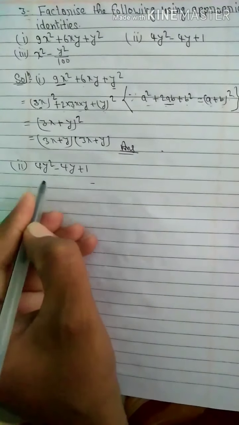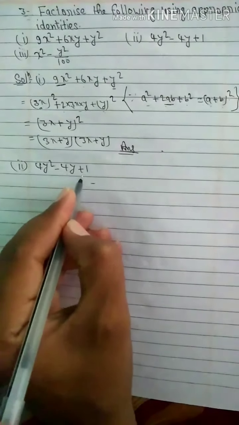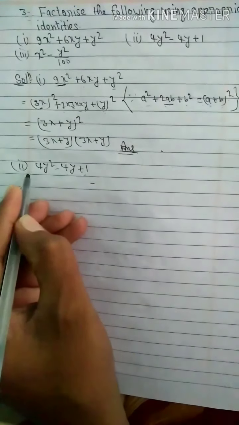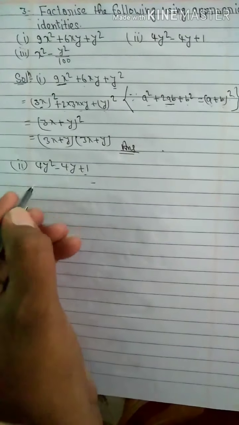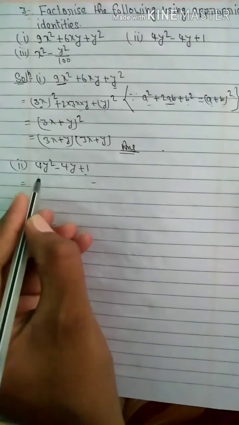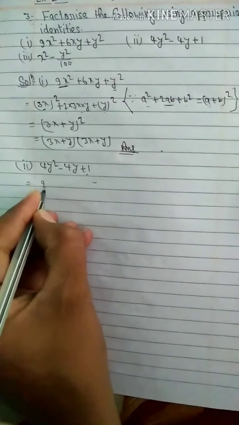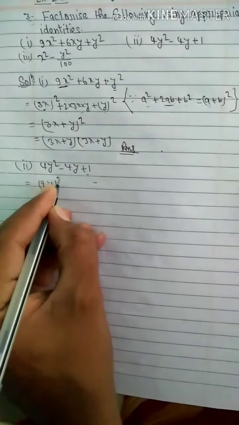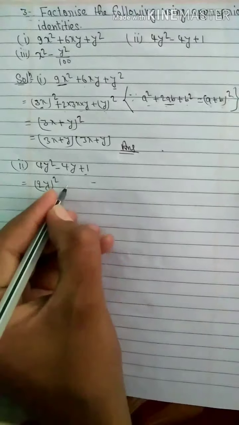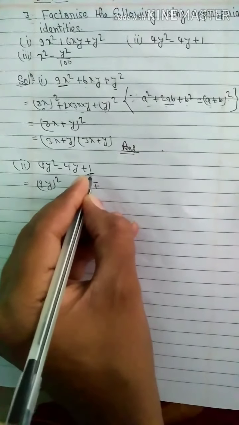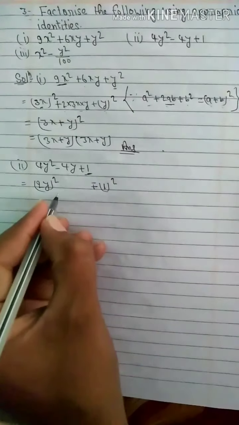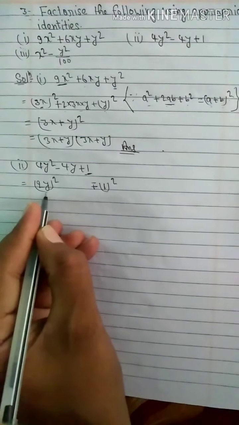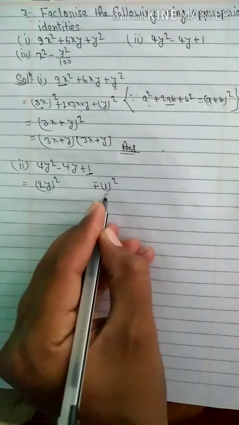See the second part, 4y square minus 4y plus 1, and now we have to factorize it. Similarly, in the same way we can write 4y square as 2y whole to the power 2. In the place of 1 we can write 1 whole to the power 2. And now this is in the form of a square plus b square.